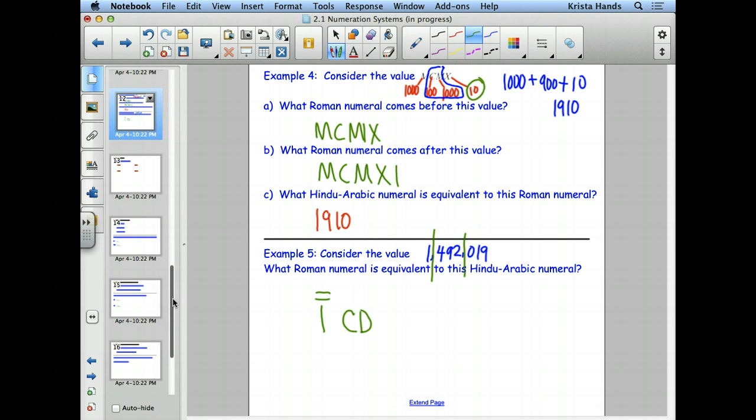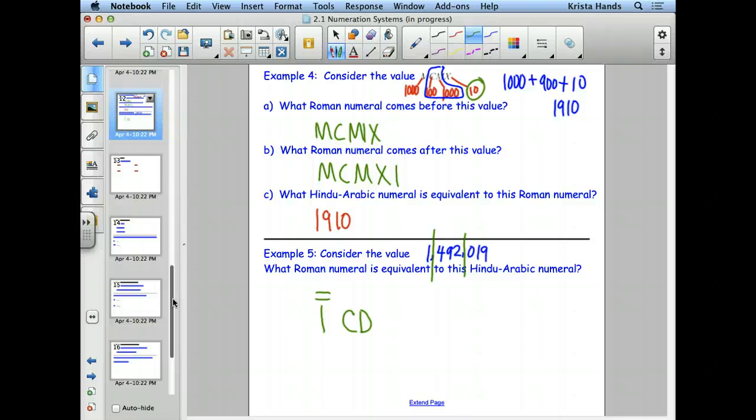Okay, so I'm using a subtraction feature. Anytime you see the numbers 4 or 9, subtraction features are going to happen, right? And this is the number 4 for 400. So you might think 400, well, I can just write 4 C's, but you never write a value more than 3 times. That's why we would not write 4 C's. So we have to use a subtractive feature, C and then D, because C's worth 100, D's worth 500.